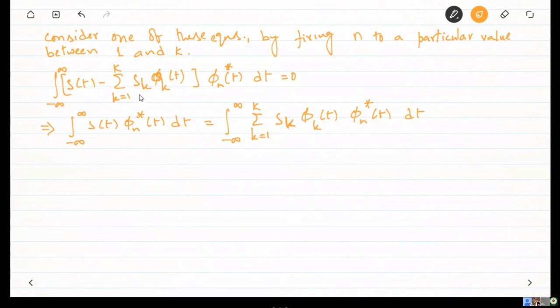So this equation I just rewrote in this form. I sent this integral to the right hand side of the equality and I got this. Now let's focus on this integral. Okay.